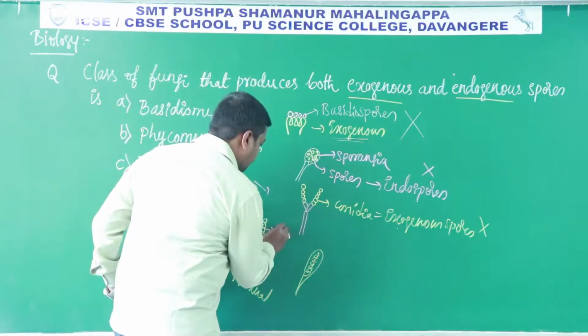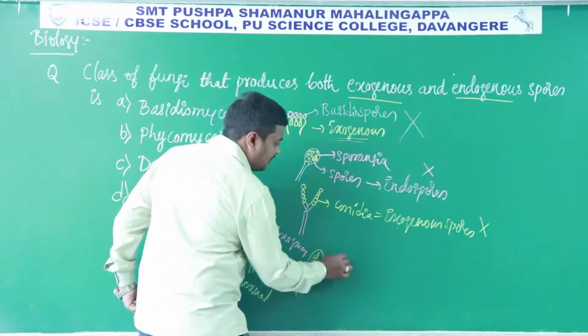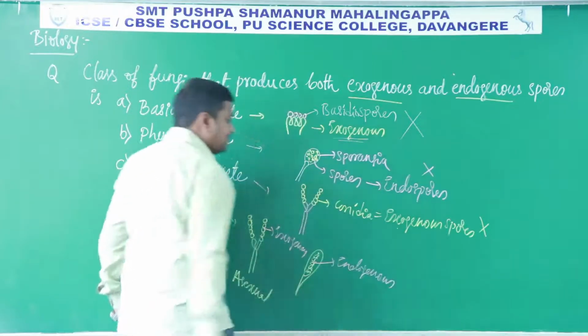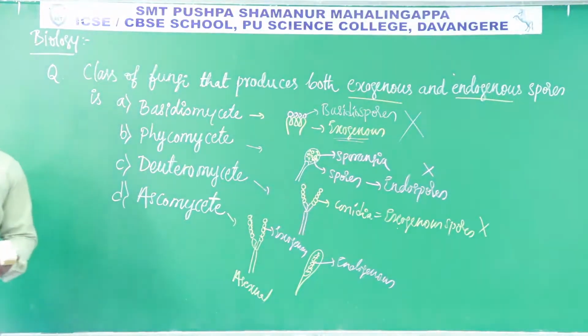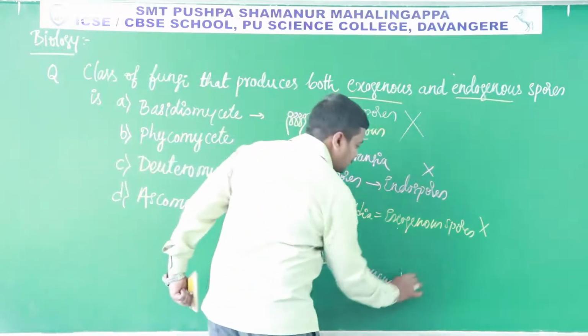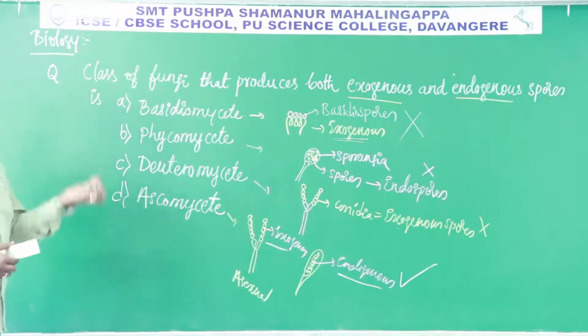These are exogenous in nature, and these are endogenous. So by considering this, we can say ascomycete fungi reproduce both by exogenous spores and endogenous spores. So this is the right answer. Okay, so this is how we can solve the question easily.